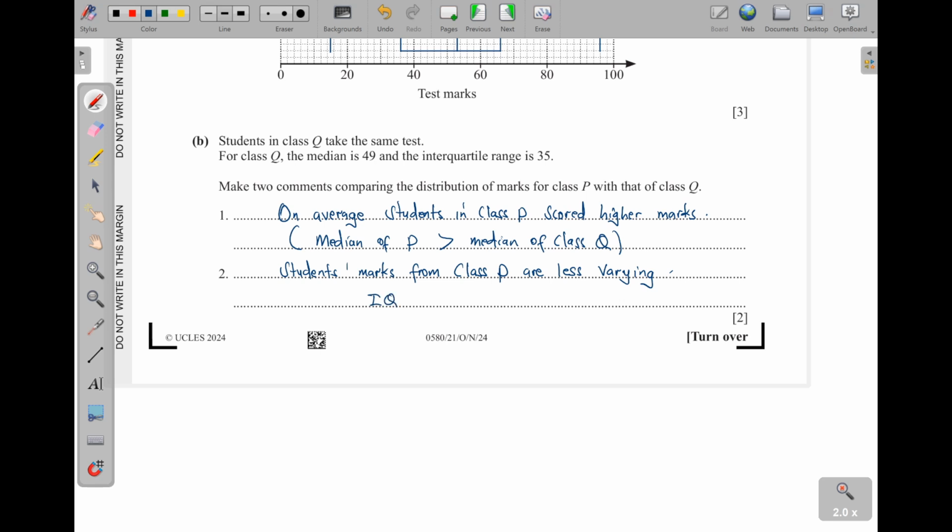Why? It's because the IQR for P is less than the interquartile range for class Q. Okay, that's the evidence. So you don't need to write this statement here. I'm just putting it there for your understanding.